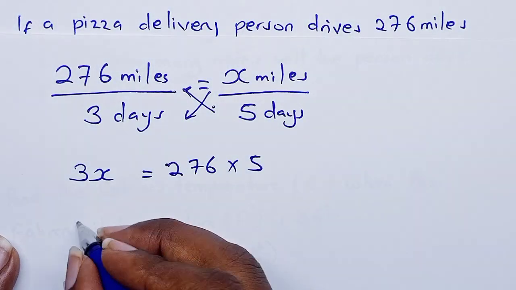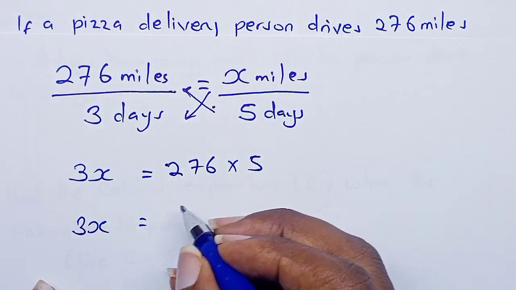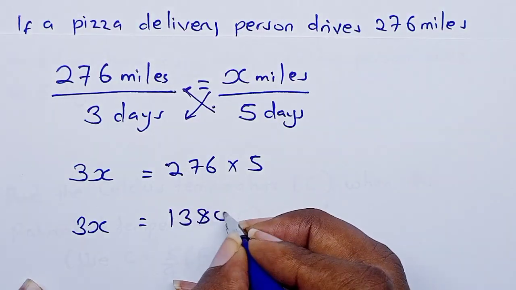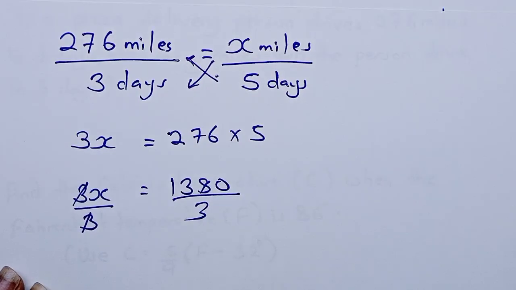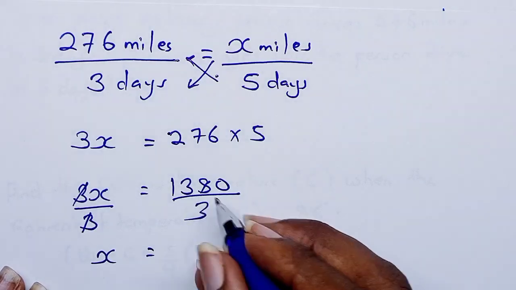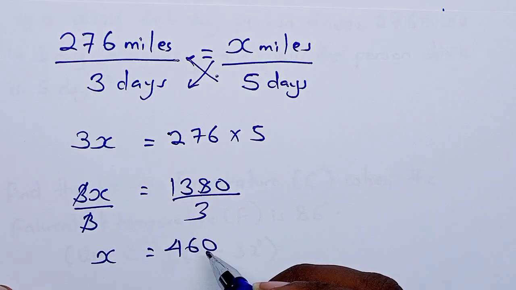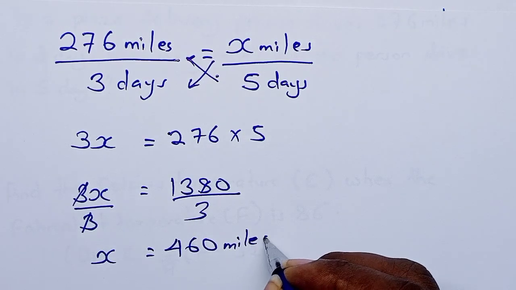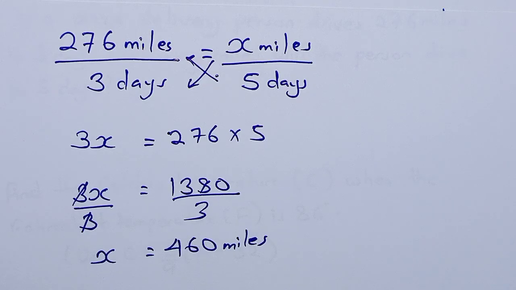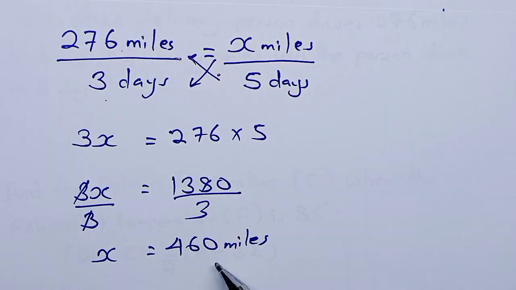Where we get 3x being equal to 276 times 5, which is 1380. Divide both sides by 3. This cancels, and x equals this divided by 3, which is 460. And therefore, the pizza delivery person drives 460 miles in 5 days. If he drives this in 3 days, that means in 5 days he drives 460 miles. Hope you got it right.